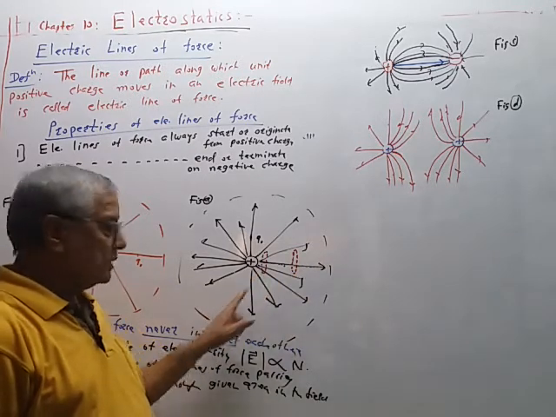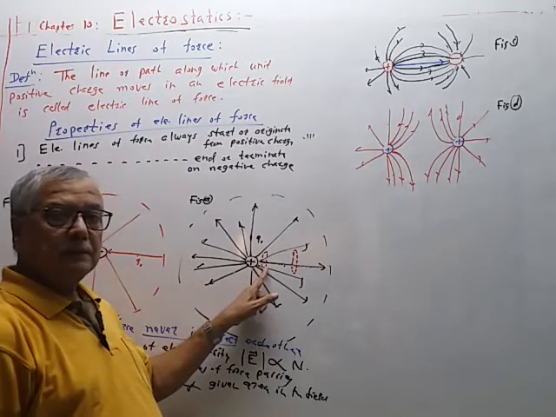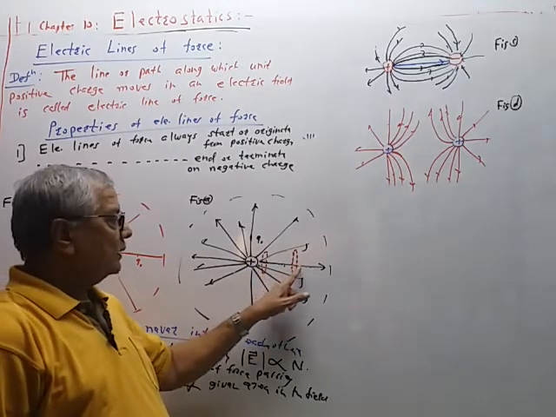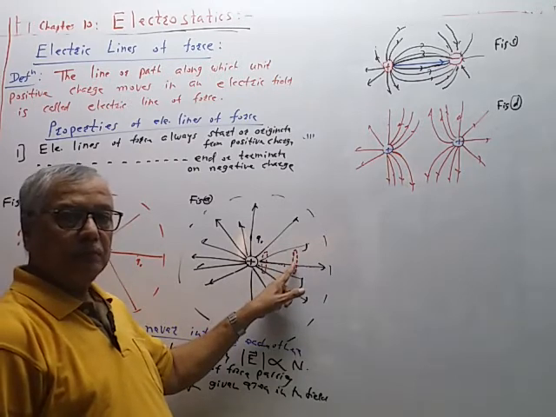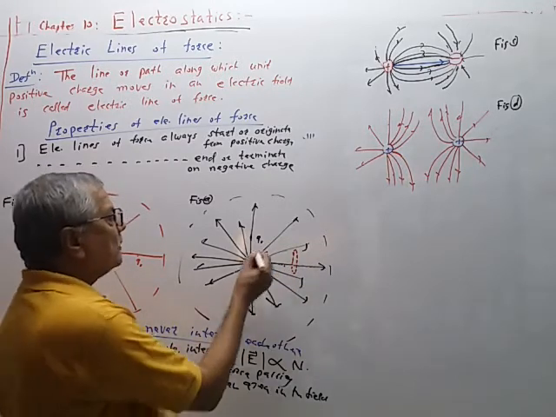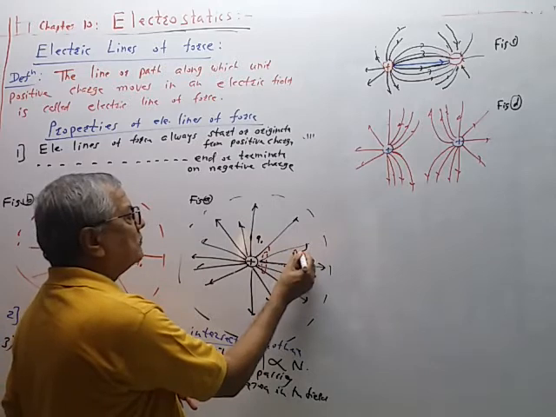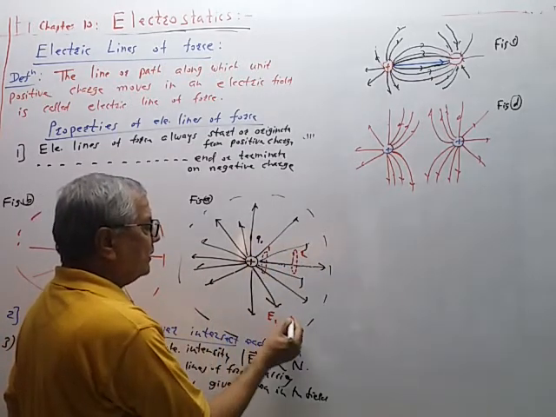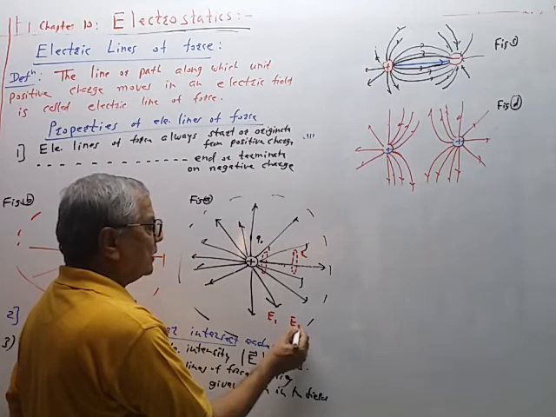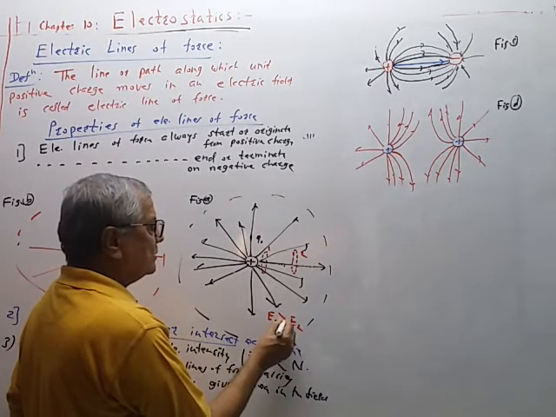So by this property, intensity decreases at this point. So for area number 1 and area number 2, the electric intensity through area A1 and through area A2 are different.